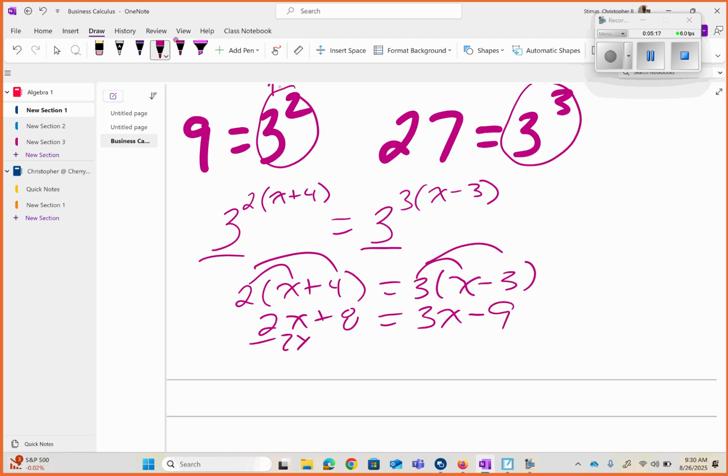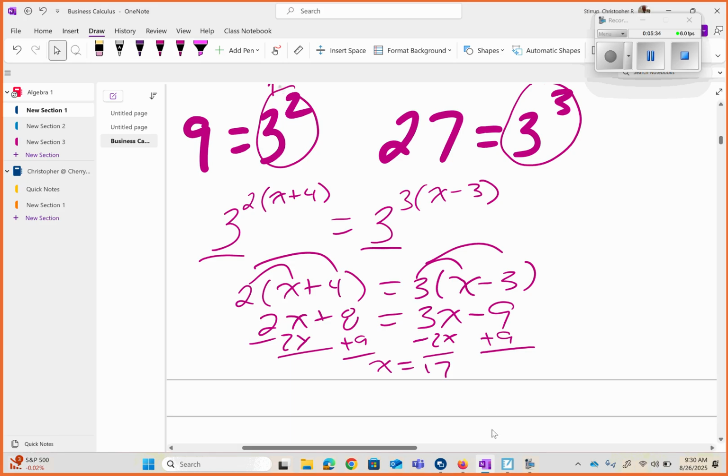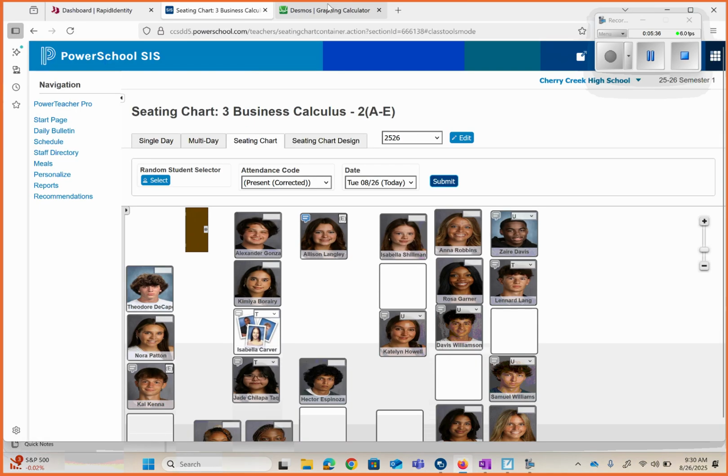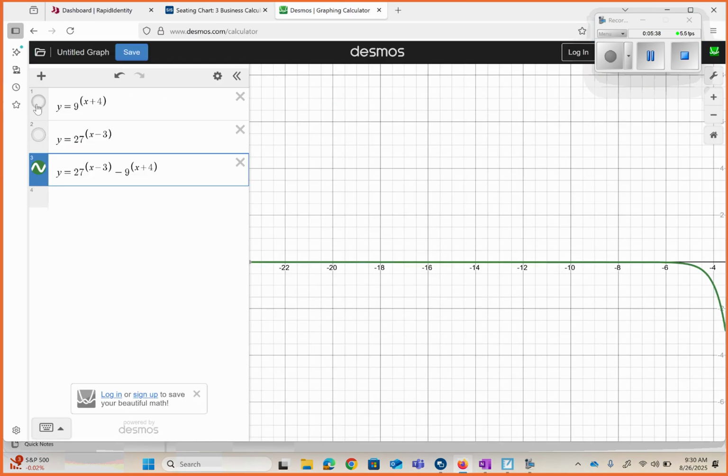Subtract 2x from both sides. Add 9 to both sides. So this is coming out to x is equal to 17. Oh, wait a minute. This kind of makes sense to me. Okay, so if x is equal to 17, watch what would happen. And again, this becomes the goofy thing with these.